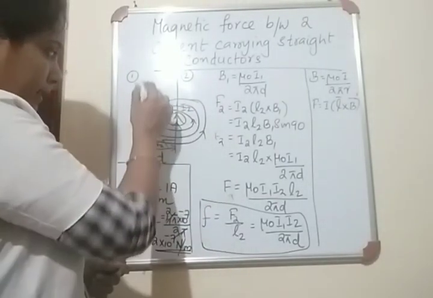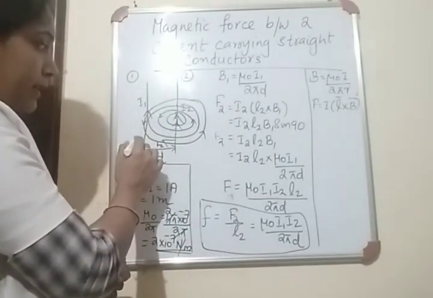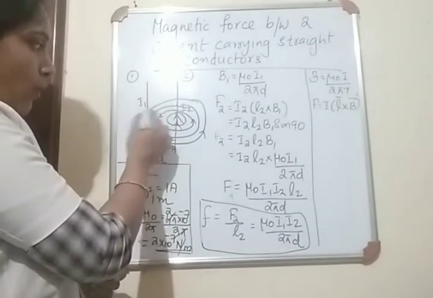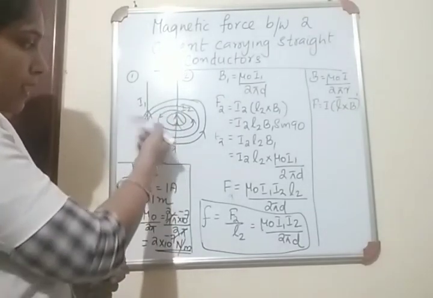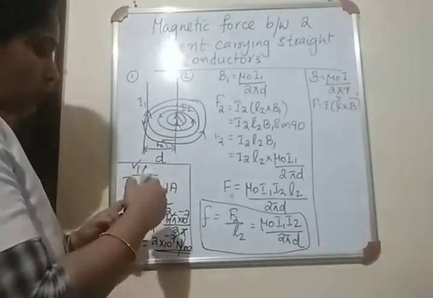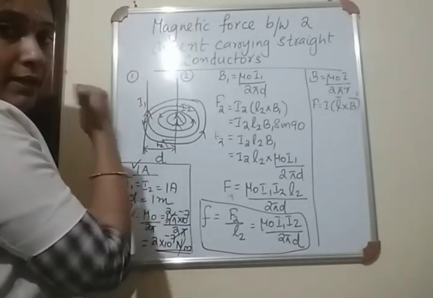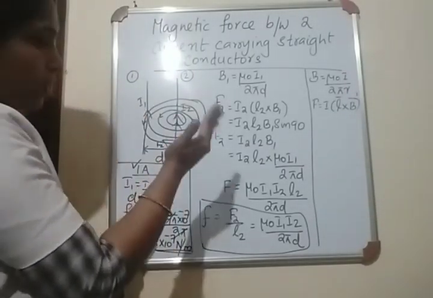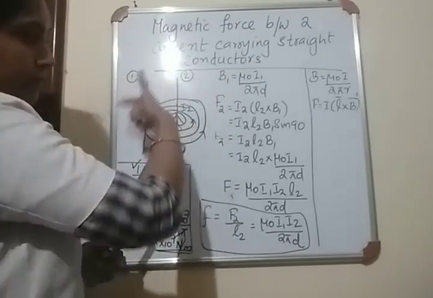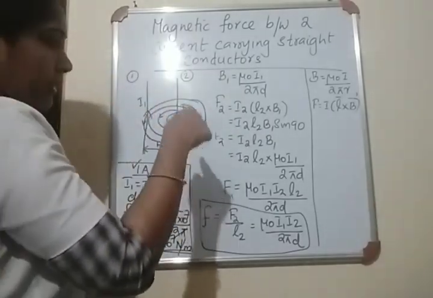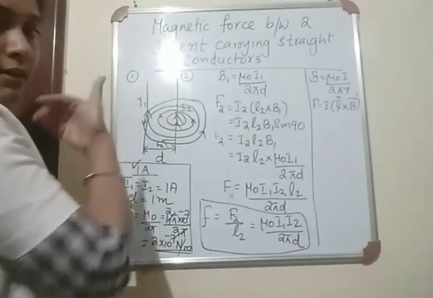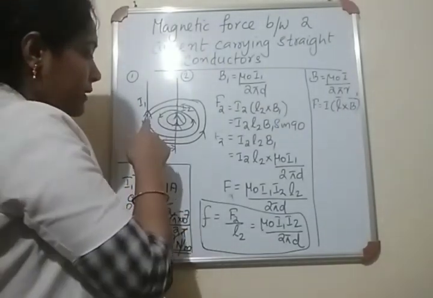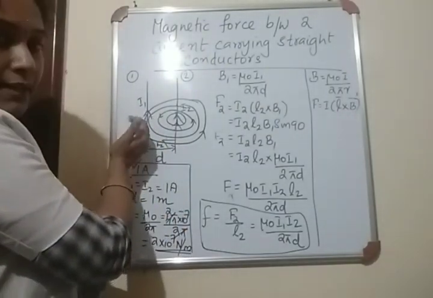So in the first conductor, here at this point the magnetic field is coming outward, right? Here it is passing into the board and from here it is coming out of the board. So the direction of magnetic field line is out of the board.